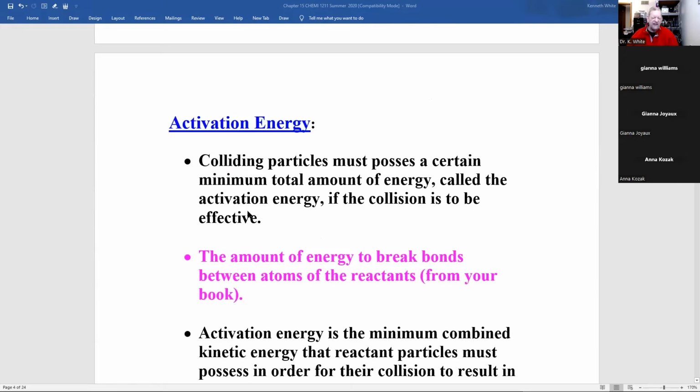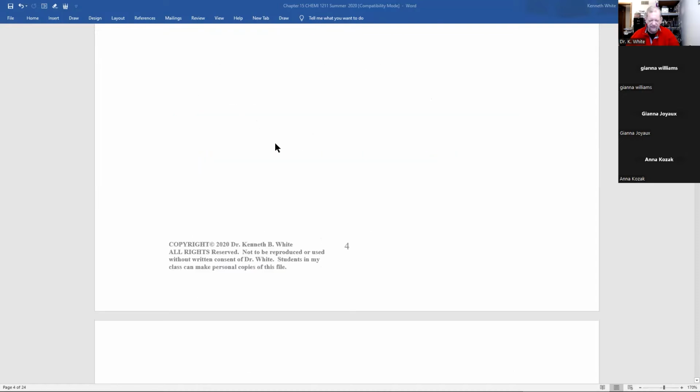So the key thing is activation energy. That's the minimum energy that particles have to have when they collide to form a chemical reaction.